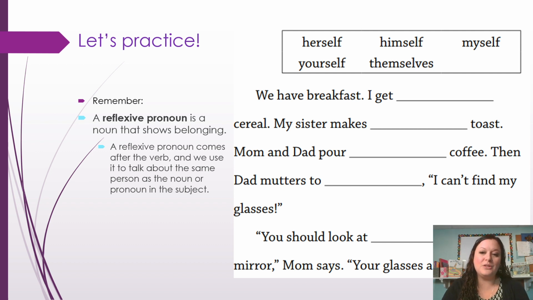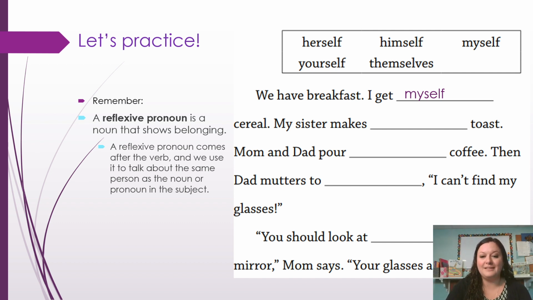Which pronoun do we use after the verb to show that the person that we're talking about is the same as the subject? Think about it. What word would go in that blank? Did you think myself would fit in that blank? You're right. Nice job. Let's continue on with our story.